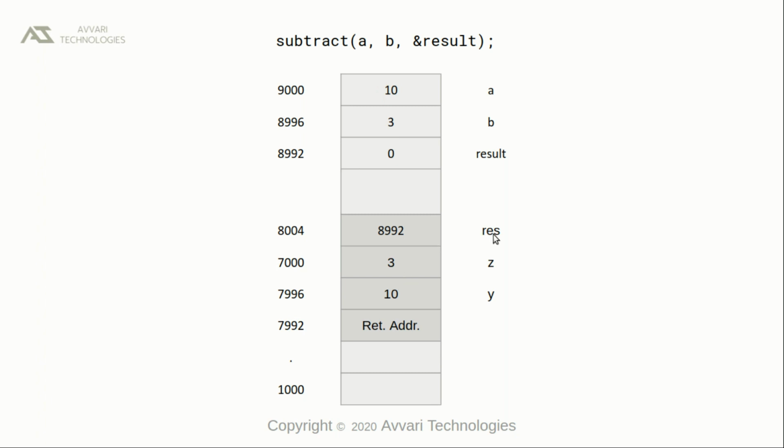That is stored in the variable result in the implementation of function subtract. Next, we are storing the contents of result with the difference of y and z, 10 minus 3, 7. The contents will be stored at the address 8992.